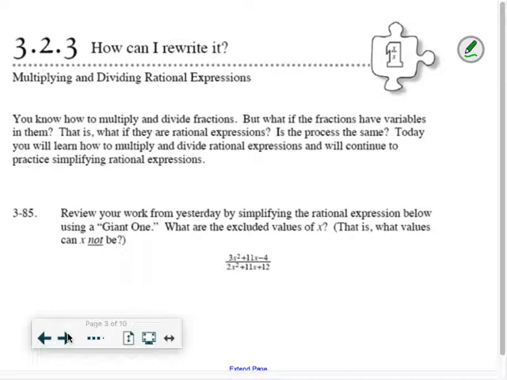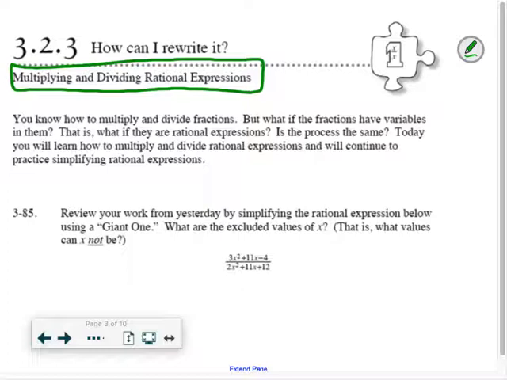So like I said, tomorrow is adding and subtracting rational expressions. Today is multiplying and dividing rational expressions. So if you want to get your notebook set up for multiplying and dividing rational expressions, we will do some examples. And today is kind of a sit and get day where we just go through example after example after example.